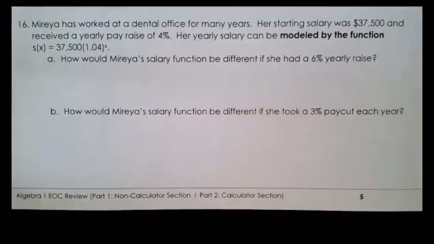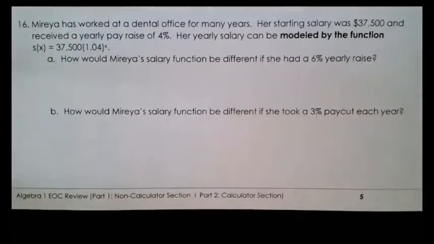Number 16. Another word problem. We're going to read it through once and then we're going to go back. Maria has worked at a dental office for many years. Her starting salary was $37,500 and received a yearly pay raise of 4%.